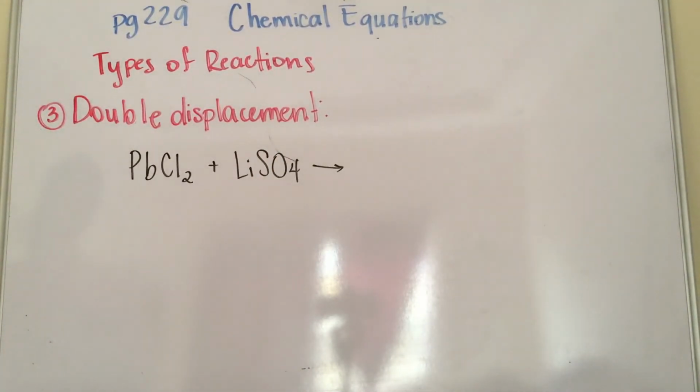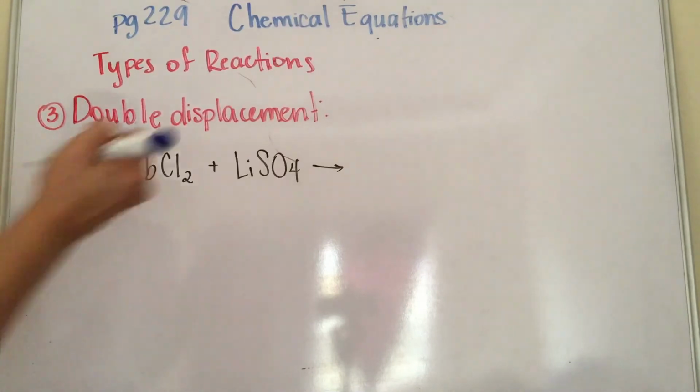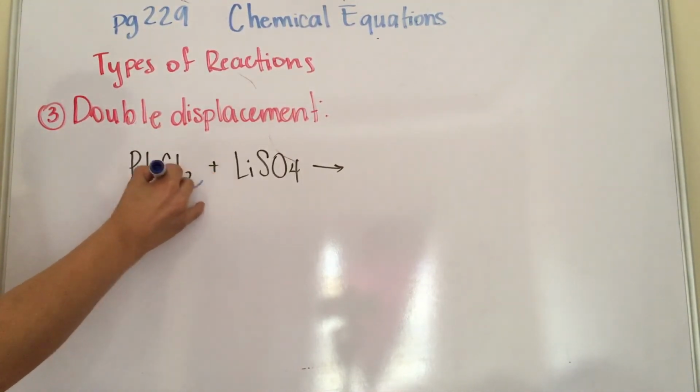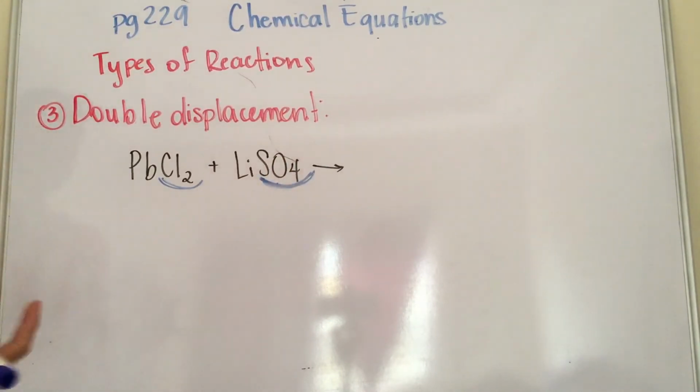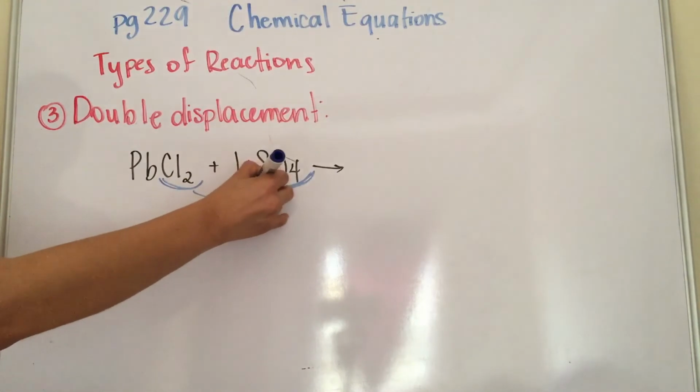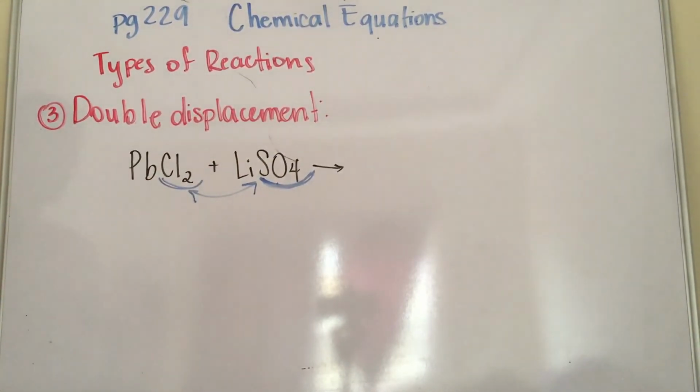Why is it called double displacement? Because I'm going to change my nonmetals, and that is going to create two different substances. Here I have my nonmetal, and here I have a polyatomic ion, which I move as a polyatomic ion. So these two change places, and we're going to have two different products. That's why it's called a double displacement reaction. One moves here and the other one moves there. It's two movements that you need to make.